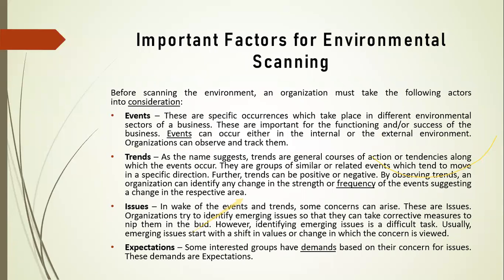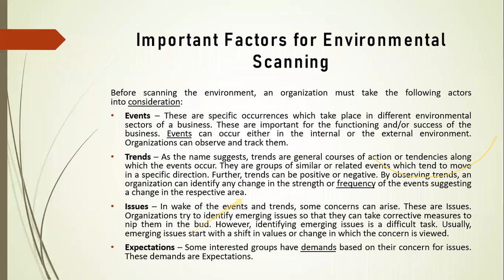Now, let us look at the important factors for environmental scanning. Before scanning an environment, an organization must take the following factors into consideration. The first factor that we have got is events. What are events? Events are specific occurrences which take place in different environmental sectors of a business.